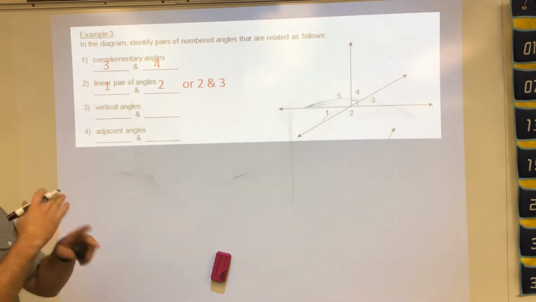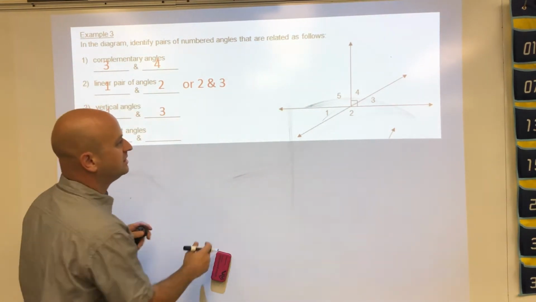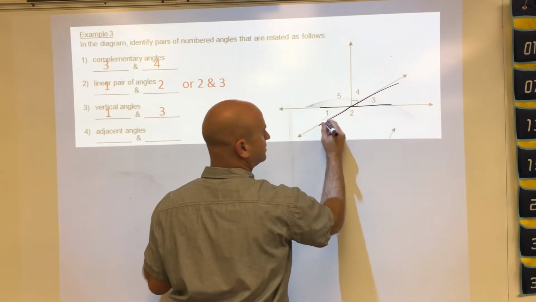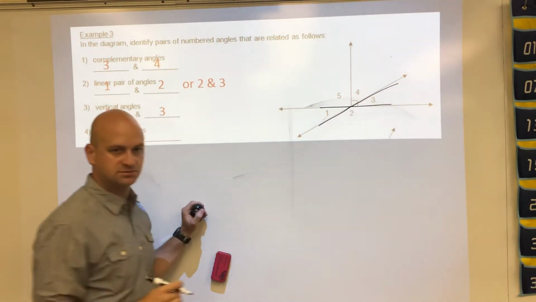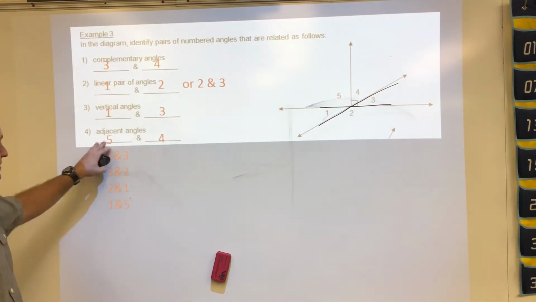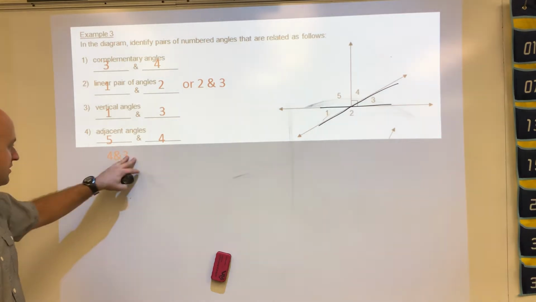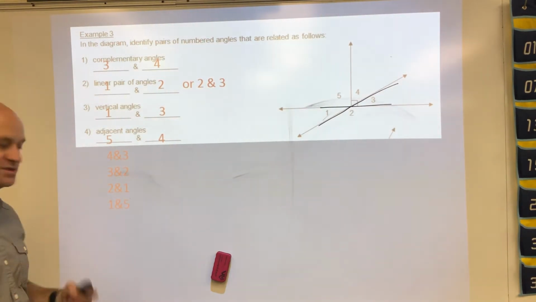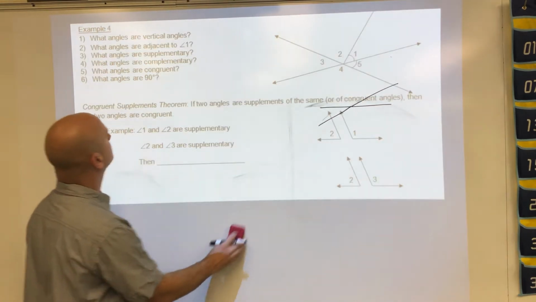Vertical angles in this problem are angles which make an X. And if we look here, there's only one pair. It would be 1 and 3. All right, adjacent angles, there's many of them. 5 and 4, 4 and 3, 3 and 2, 2 and 1, and 1 and 5. These are just angles that are next to each other.